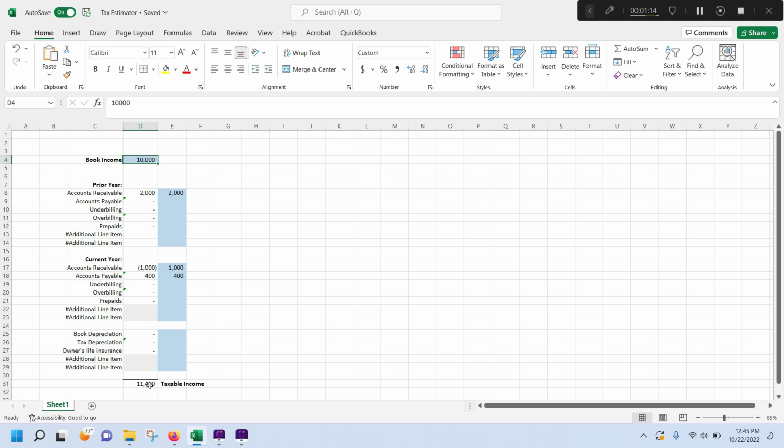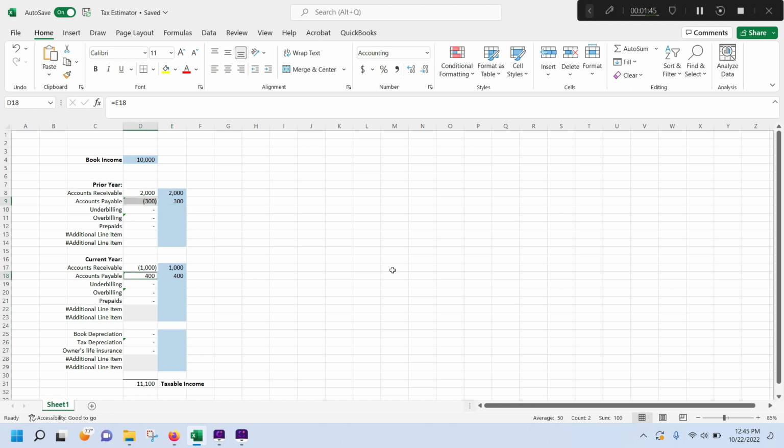So you type in $400 and boom, that takes your book income up by $400. But we have to factor in the prior year accounts payable. Again, entering in whole numbers, assume it's $300. That's reducing your income there. So we go from 11,400 to 11,100.